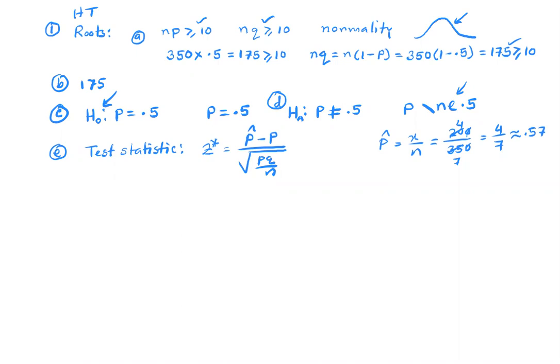I got 1.6. I don't know how I got 1.6. Let me see. I didn't get the 0.57, but I just checked it, and the system is not even taking 0.57. Why?